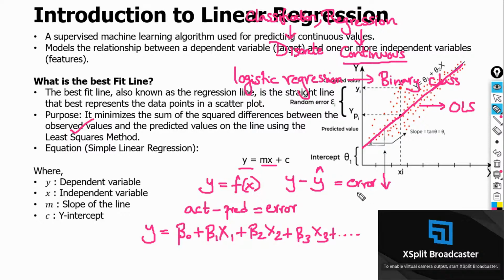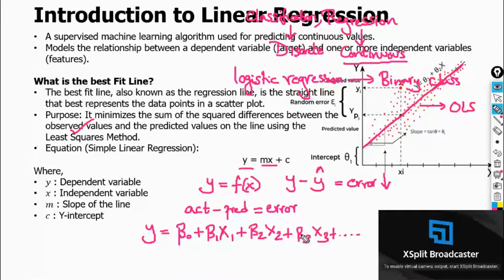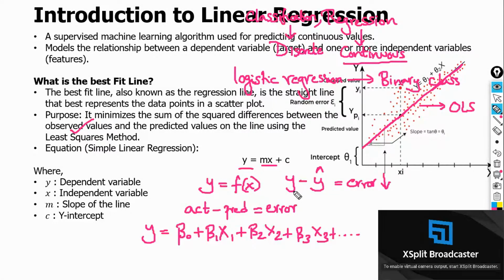So how this error gets minimized is, there is a terminology called back propagation, but that is not the right terminology that should be used here. What happens is these coefficients will get updated. Once these weights get updated, your predicted value will be very close to your actual value. So when both of them are close, the error will be very small. This is how linear regression works.